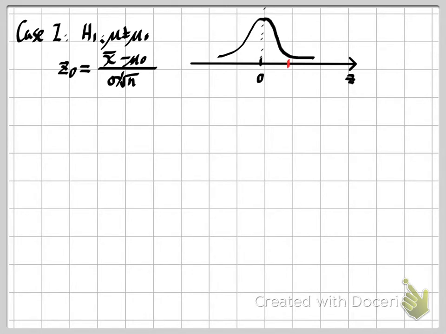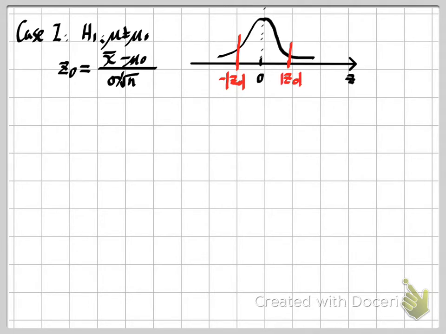One is on the right hand side of this z0, or if it's a negative value, then it is on the left of our 0 origin here. No matter whether it's on the right or left, because this is a two-side test and it is symmetric, we will know z0, or say negative the absolute value of z0.